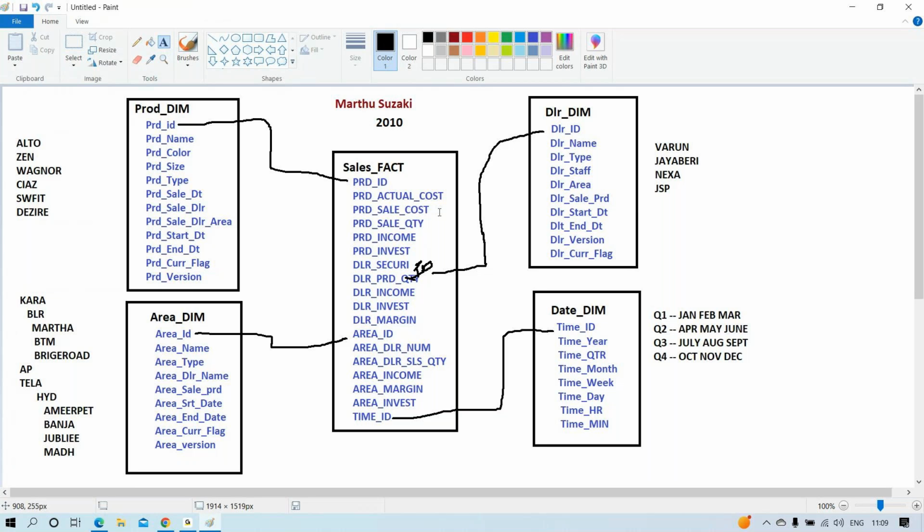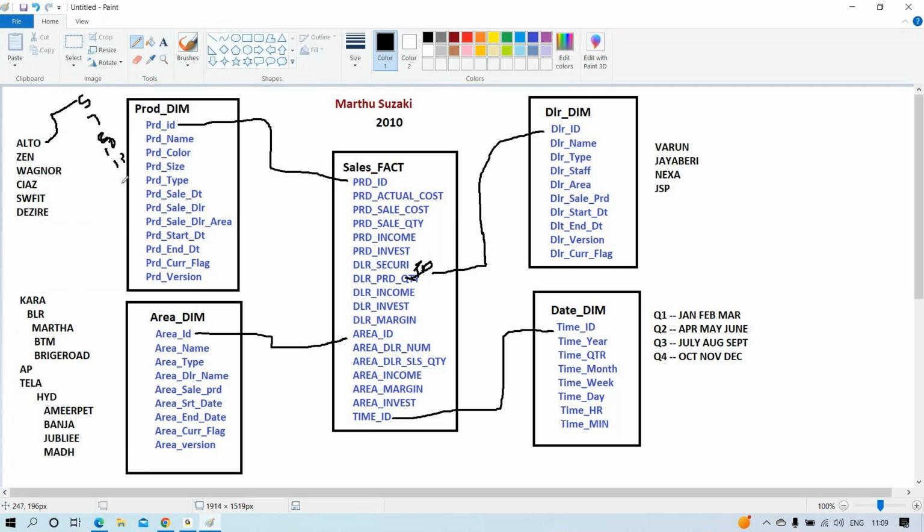So now, take Alto. Over the last 10 years, what are Alto sales? The first year it is only 5, the second year 7, the third year 8, then 10 and 11. Like this it is only increasing, by 2 to 3 numbers, not more than that.